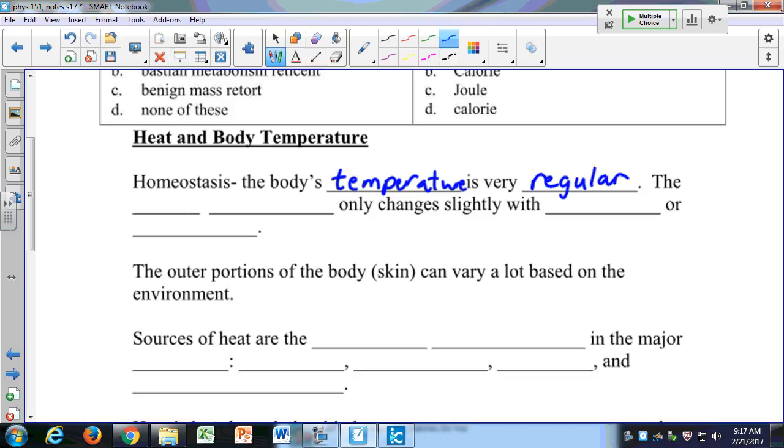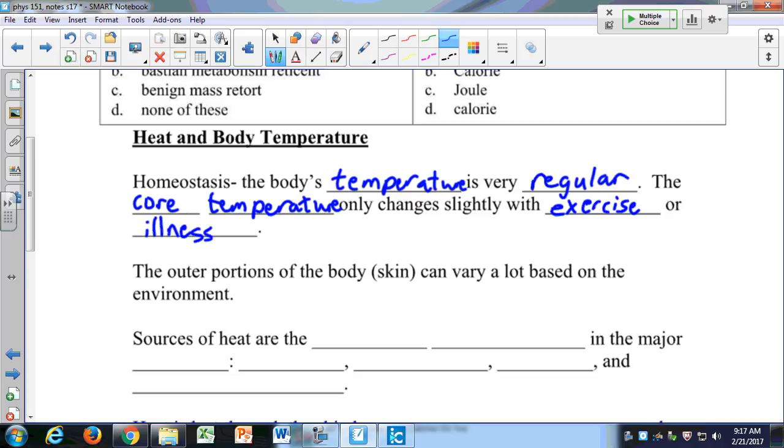Instead, as warm-blooded creatures, our body maintains its own body temperature to a very specific temperature. The core temperature only changes slightly with exercise or with illness.